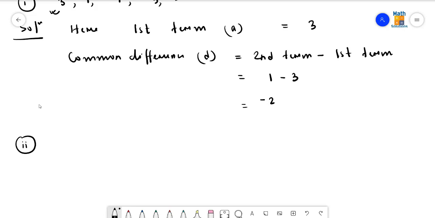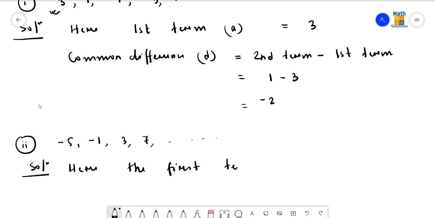Next, coming to the next question, what do I get? Given AP is minus 5, then after minus 1, then after 3, then after 7. So what do I get? In the solution part, here the first term A is equal to minus 5, and the common difference will be what?